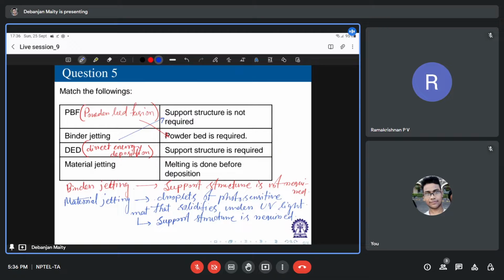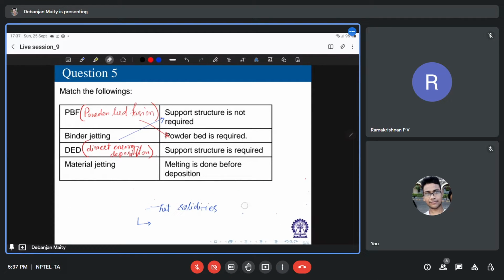So let us try to draw how it looks. Of course, initially you have a substrate kind of thing, but that is not a powder bed.